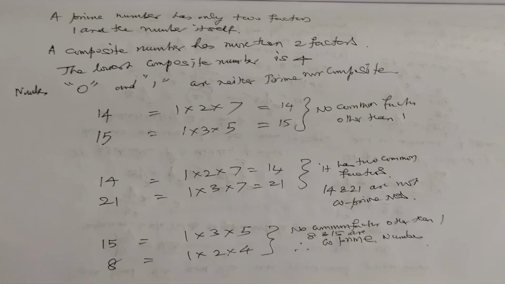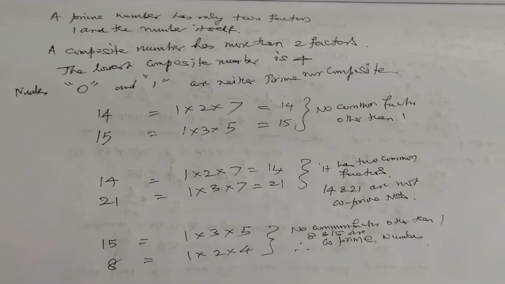But 14 and 21 are not co-prime because 1 multiplied by 2 multiplied by 7 is equal to 14, and 21 is equal to 1 multiplied by 3 multiplied by 7. So it has 7 as a common factor apart from 1. So these two are not co-prime numbers.